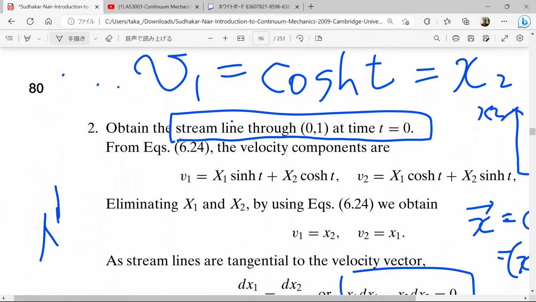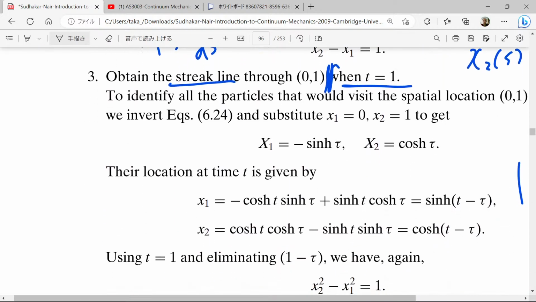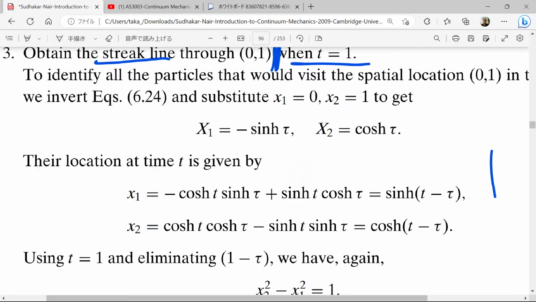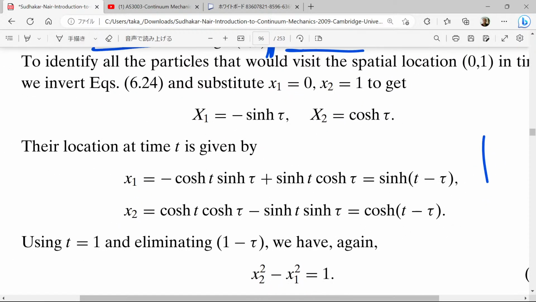So we have a formula like this: cos t sinh tau plus sinh t cos tau is sinh of t minus tau. Cos t cos tau minus sinh t sinh tau equals cos of t minus tau.